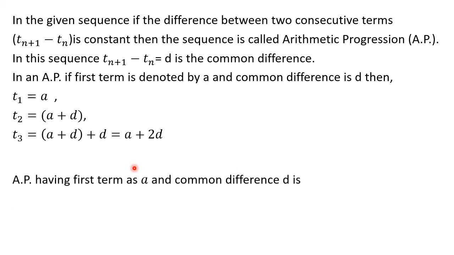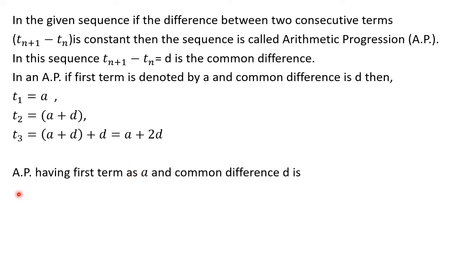Okay. So here we can say that AP is a special type of sequence where if we say that the first term is A, that means T1 is A and the common difference is D, then this sequence we can write as A, comma A plus D, comma A plus 2D, A plus 3D, then the next is going to be A plus 4D and so on. Okay, so these are the terms of the sequence or terms of AP.